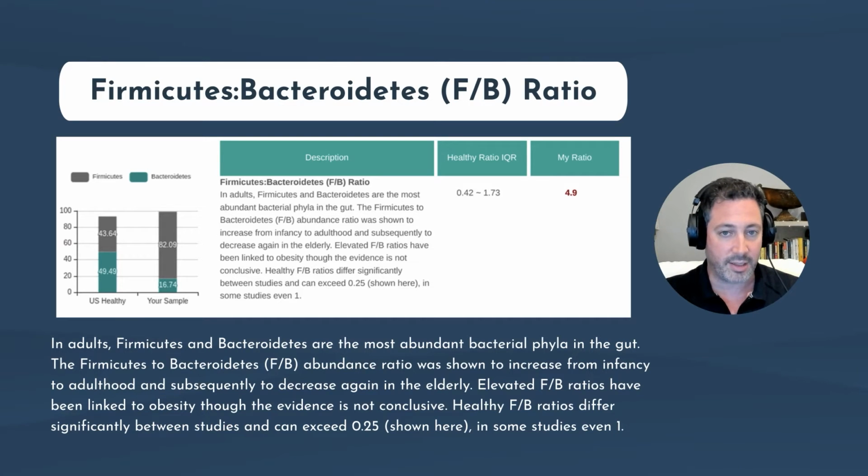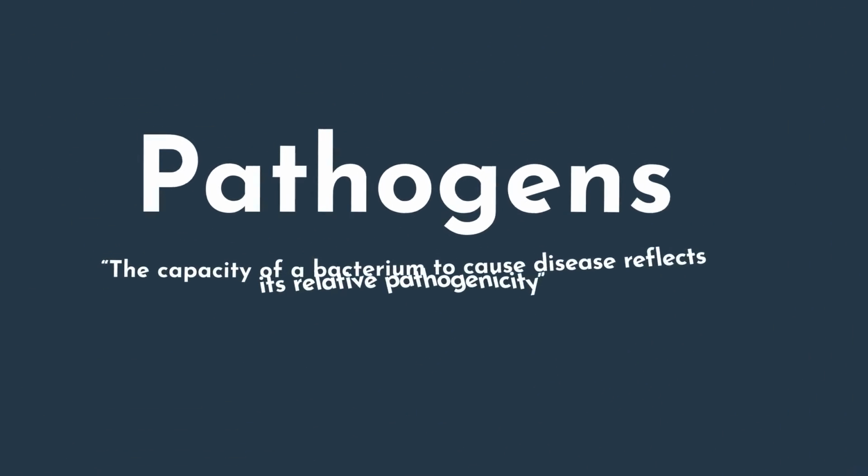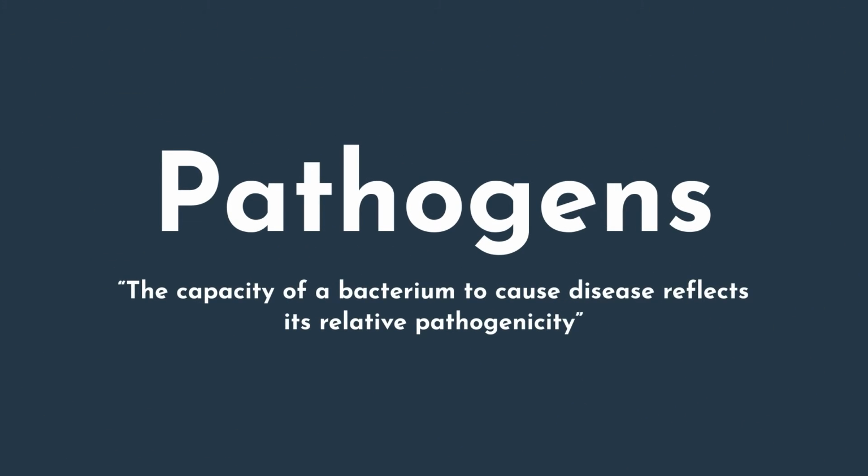Now, the other thing that we see a lot in the analysis of the microbiome is pathogens. Pathogens, I think, is a very unfair term. A pathogen is something that comes more from the germ theory, and we know that no bacteria can actually kill us or make us sick unless there's a terrain that is allowing that microbe to thrive. So it's never the microbe, it's always the terrain.